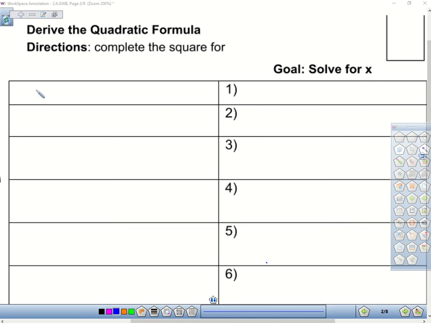So the first step is we're going to start with the standard form of a quadratic, which is ax squared plus bx plus c is equal to 0. Our goal for step 1 is to make sure that we're in standard form, equal to 0.